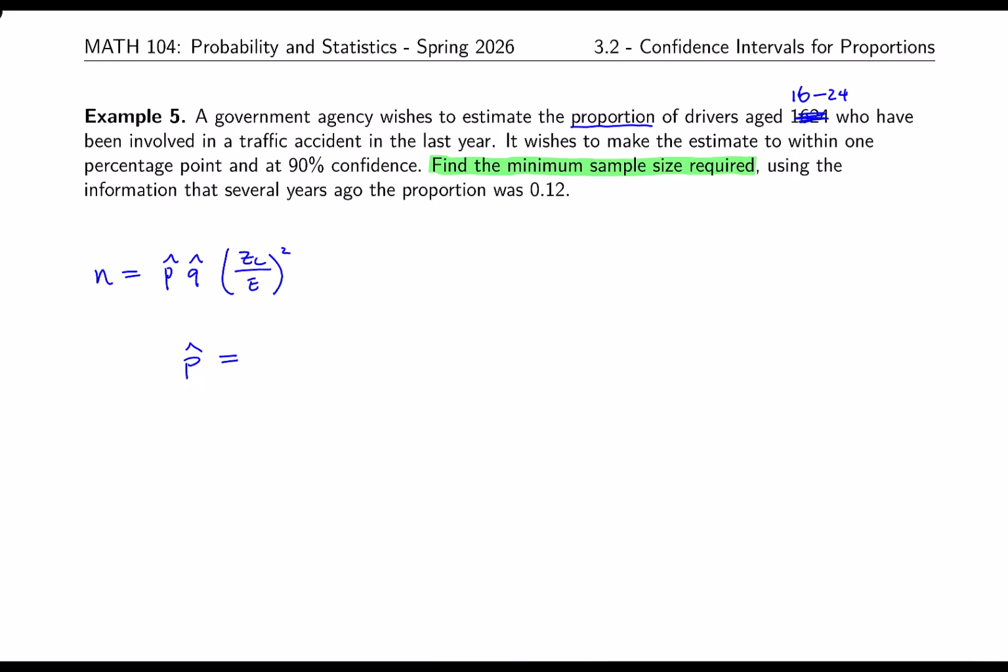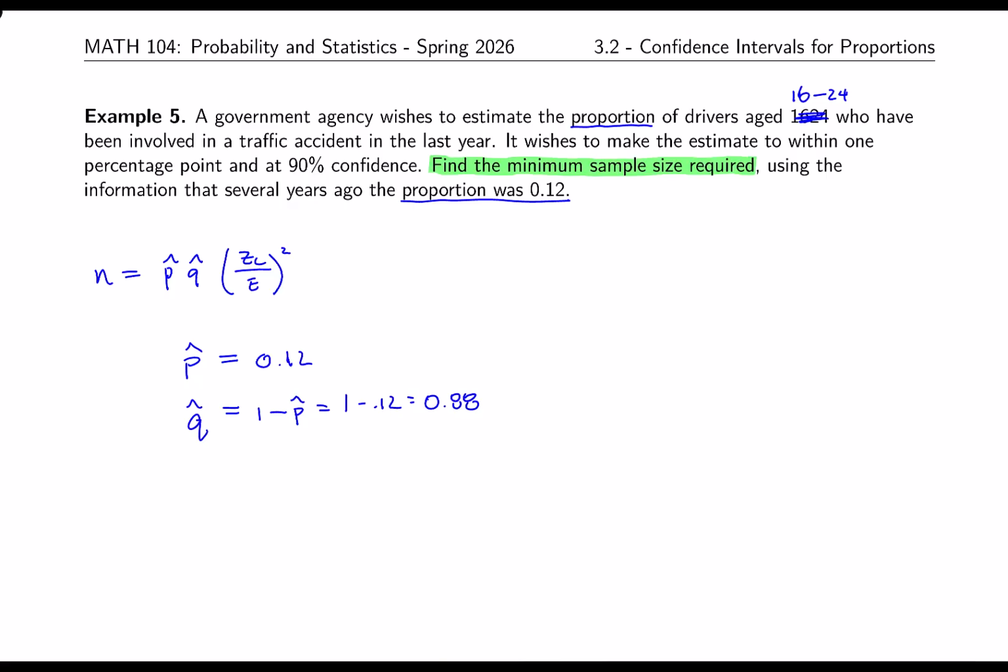What we do know is from a previous time, the proportion was 0.12. So we're going to use that as our estimate, just so we can hit the ground running here and actually do a calculation. Q then is always 1 minus P. So 1 minus 0.12 would be 0.88.